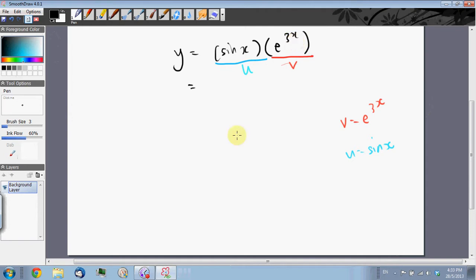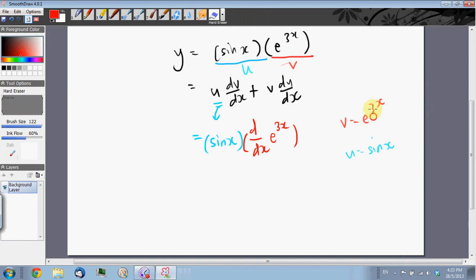Then the answer for dy/dx will be u times dv/dx plus v times du/dx. In this situation, u is sine x. What is dv/dx? It means you differentiate v with respect to x, so you differentiate e to the power of 3x.